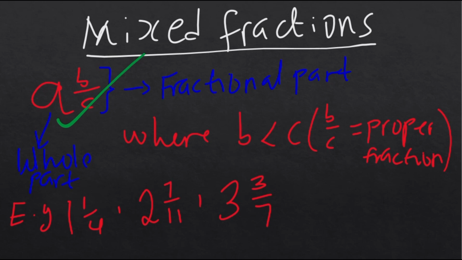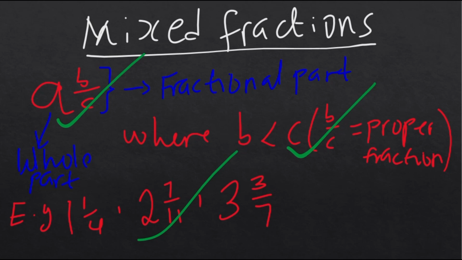So the fractional part must always be a proper fraction. Examples of these are 1 whole number 1/4, 2 whole number 7/11, and 3 whole number 3/7. So the chapter for the mixed fractions is closed. We should go to another concept which is very crucial for this.